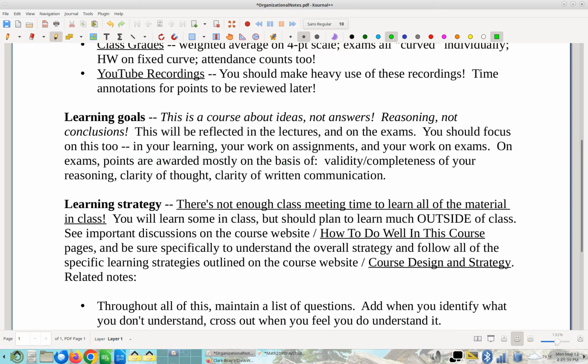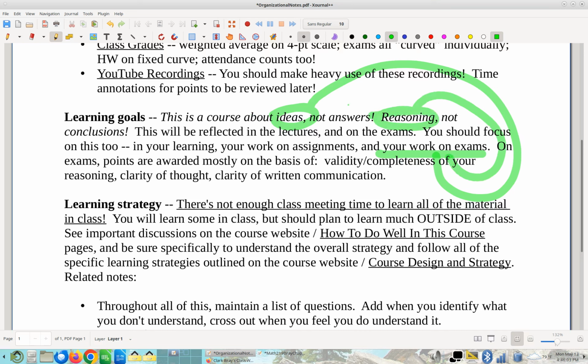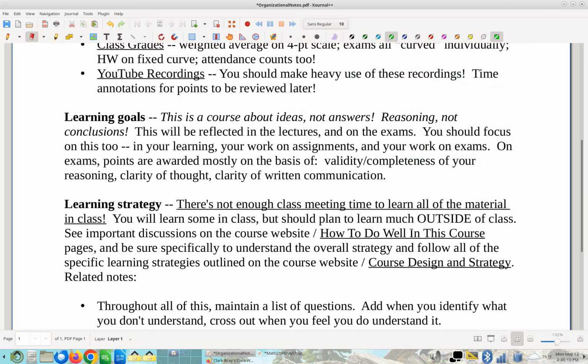And when you're doing homework assignments, make sure that your work explains your ideas. Especially on exams, because they count so much, make sure that your work demonstrates your understanding of key ideas and shows all of the reasoning that you're using to draw whatever conclusions you claim.